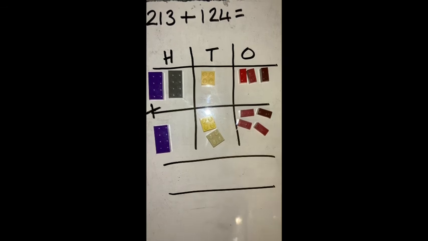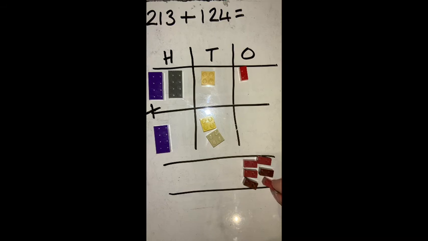Now I need to add them together, so I'm going to group each section at the bottom here, making sure that I don't need to move them into the next column. 1, 2, 3, 4, 5, 6, oops, 7. So I have got 7 ones.